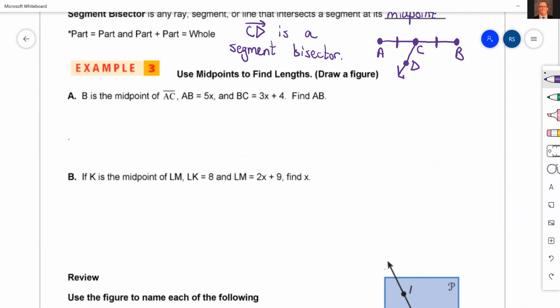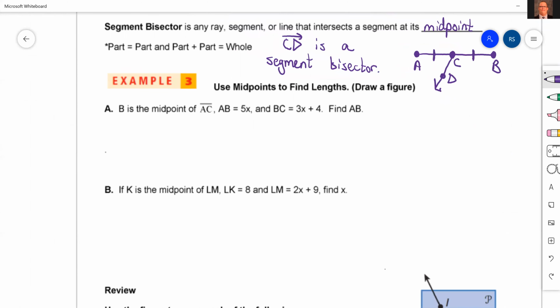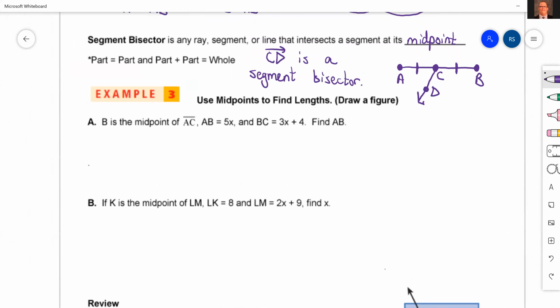Okay. Next example, it says use the midpoints to find lengths. Draw a figure. We should be doing that automatically on these. Unless they give it to you, draw a picture. It says B is the midpoint of AC.